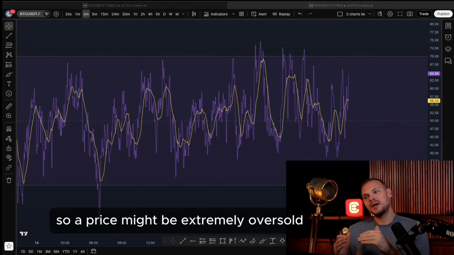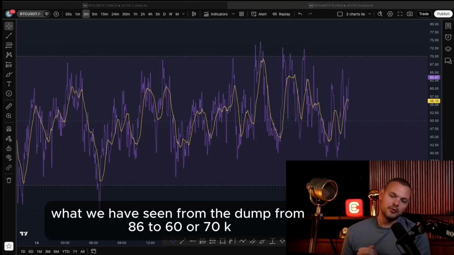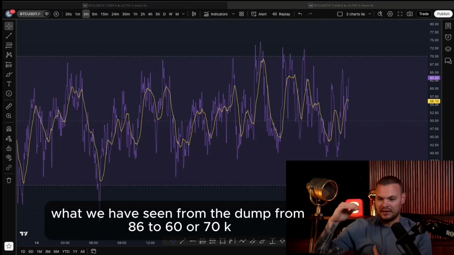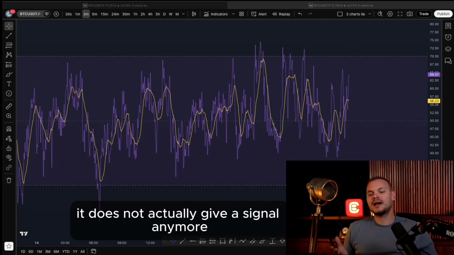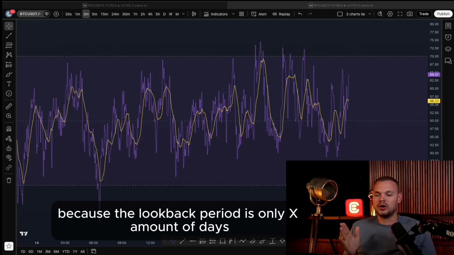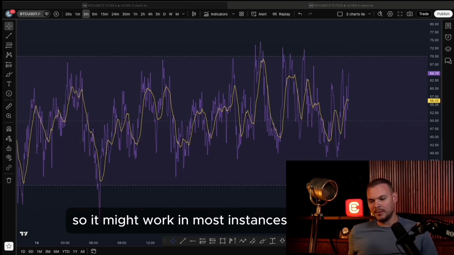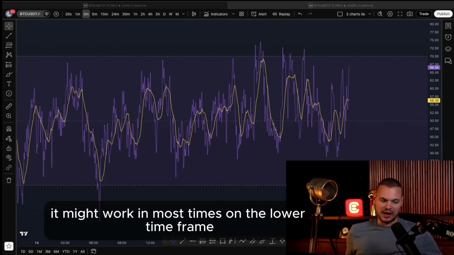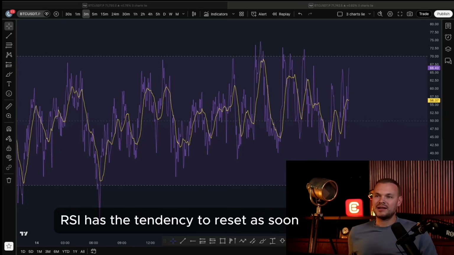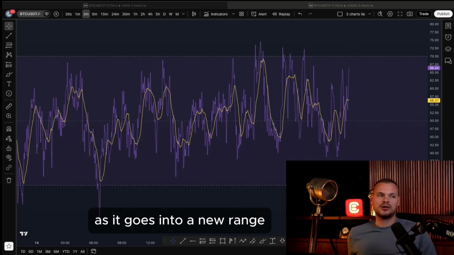So a price might be extremely oversold, like what we have seen from the dump from 86 to 60 or 70k, but if price consolidates longer there, it does not actually give a signal anymore, because the look back period is only X amount of days. So it might work in most instances on the lower time frame, but on the higher time frame, RSI has the tendency to reset as soon as it goes into a new range.